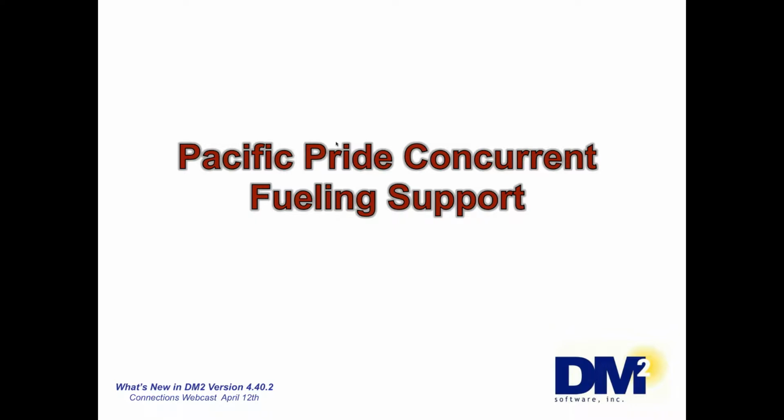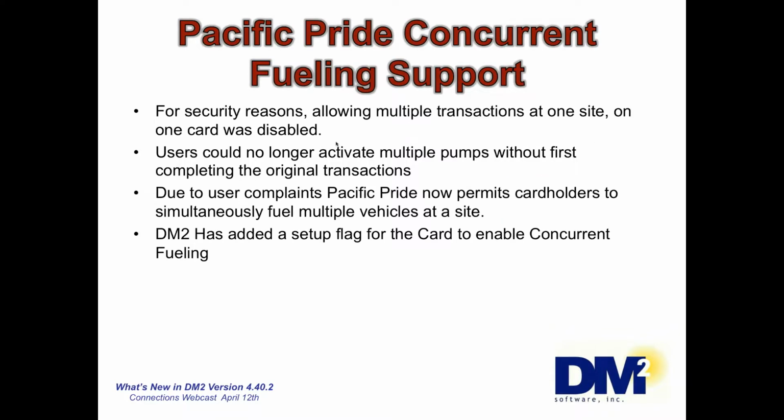The next thing we're going to talk about is another Pacific Pride feature, which is support for concurrent fueling. So this is an interesting thing. What happened was Pacific Pride was having a situation where customers were stealing fuel from you guys, and what they discovered is it was multiple transactions happening at a single site simultaneously.